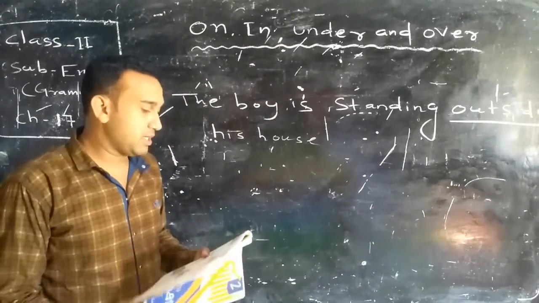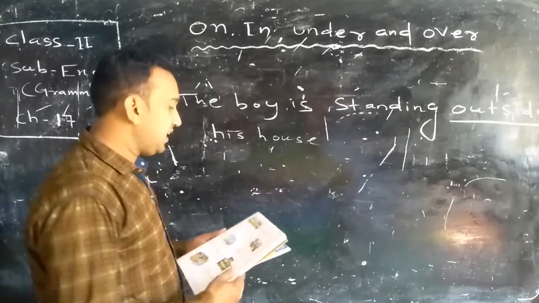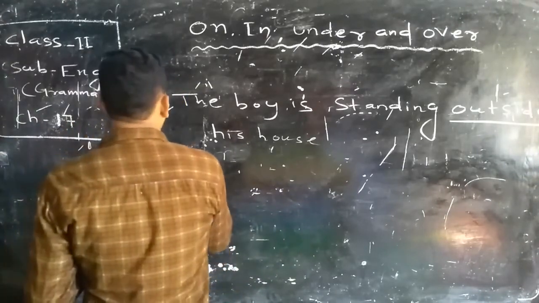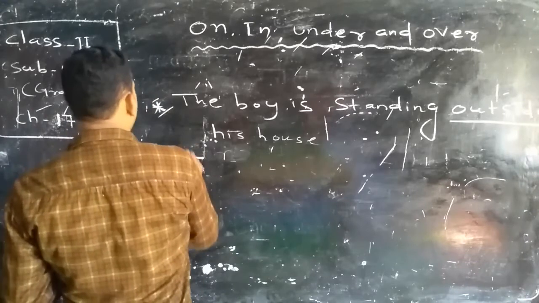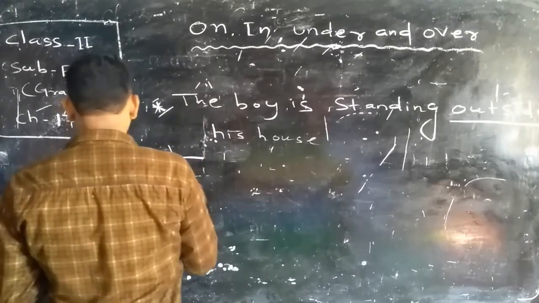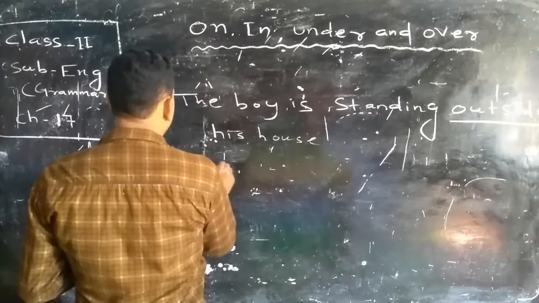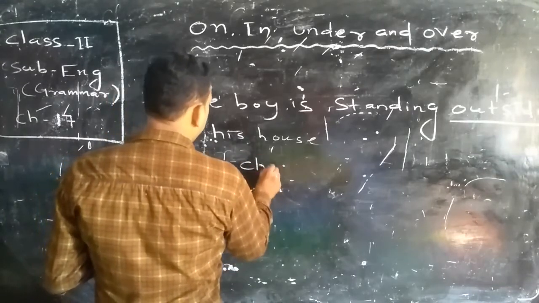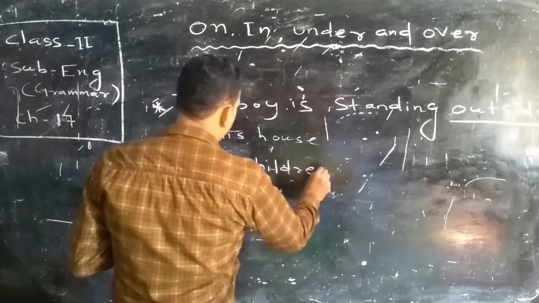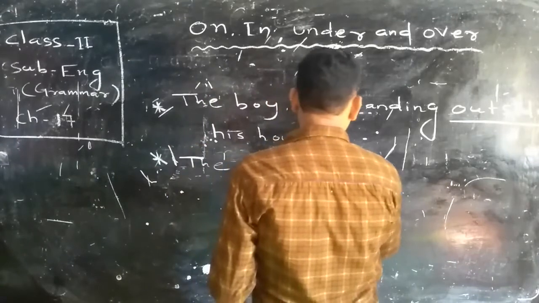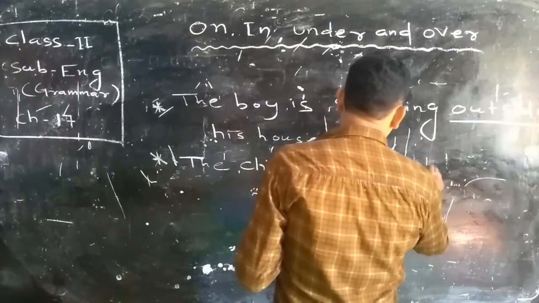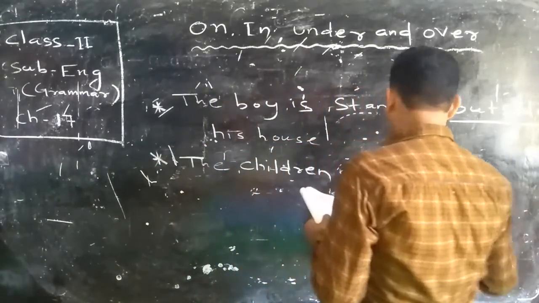Okay. Then second number, children are sitting. First number, then second number, see the children. The children are sitting inside.